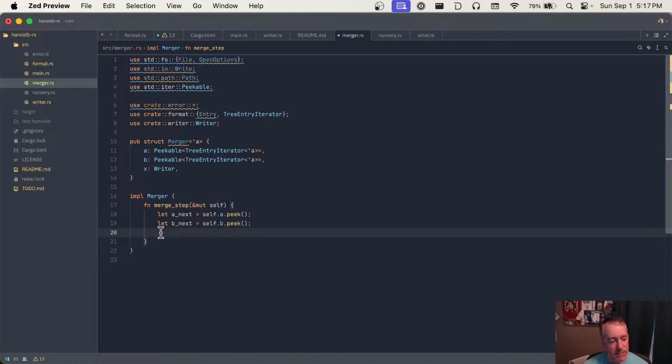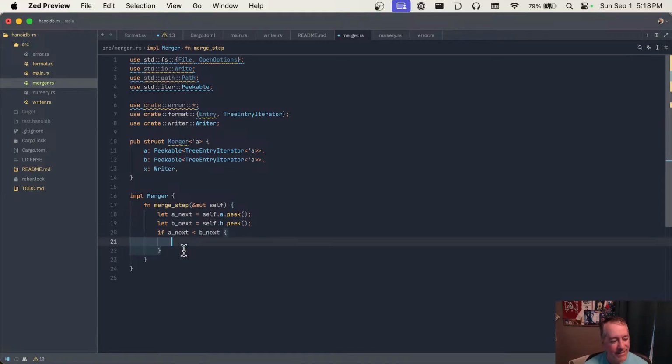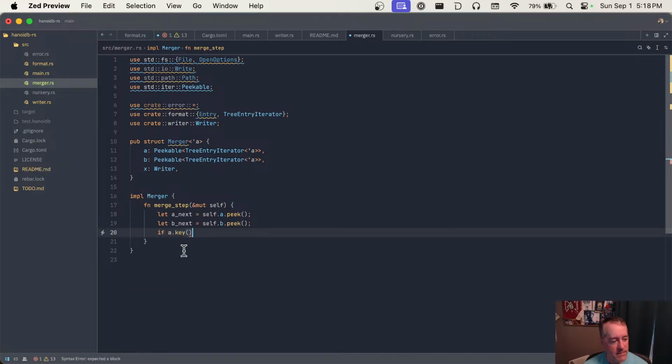And we didn't implement Ord or PartialOrd on entries, and I'm wondering if we should do that. Because then we could go, if a next less than b next, right? But we do have key. We say if a dot key, a next.